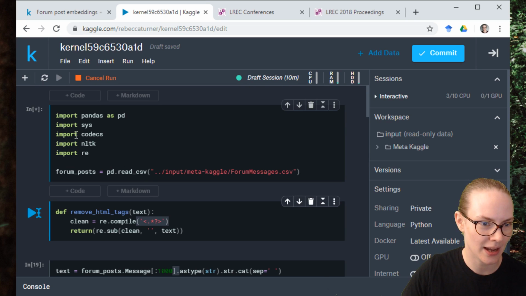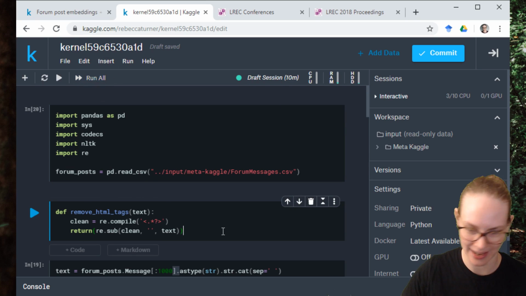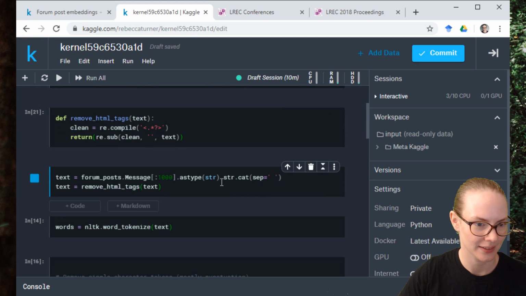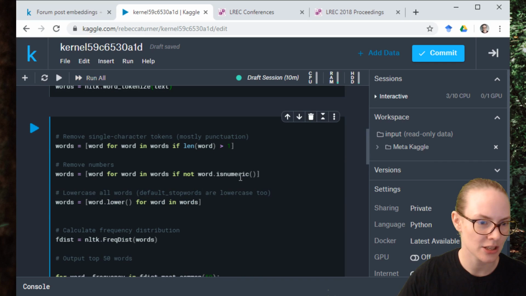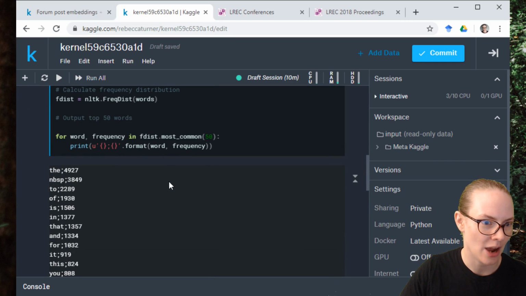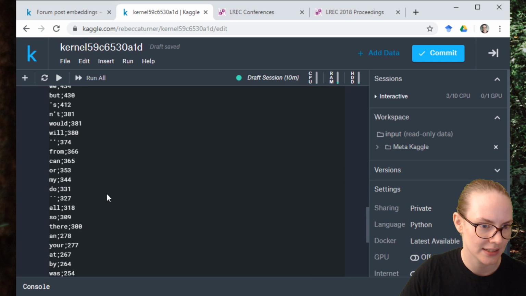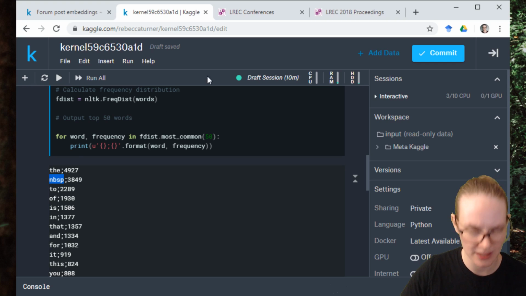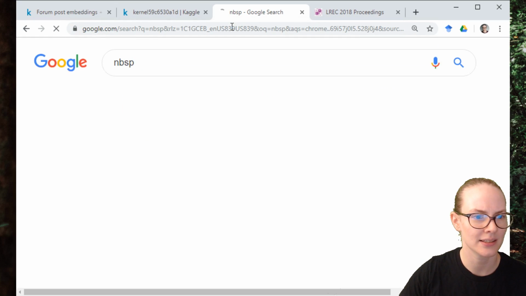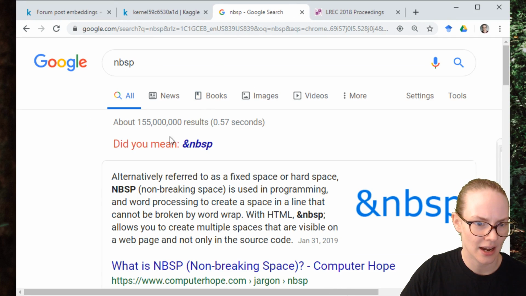Beans. I'm loading in the data again. All right, and now when we do this, we should get output that is less of a problem. So we do see this NBSP. I'm not entirely sure what that is. Alternatively referred to as a fixed space or hard space. Non-breaking space is used in... Oh, that's right.